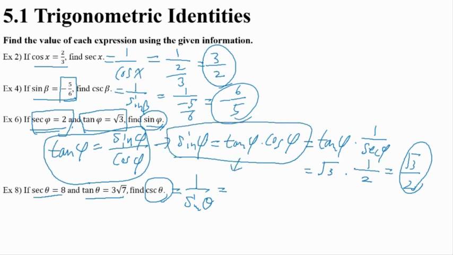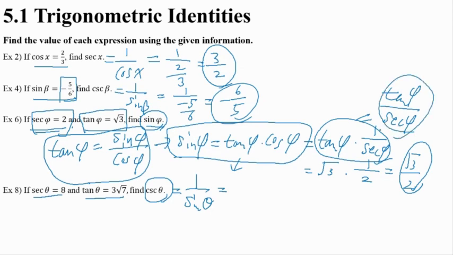So we need to copy from the previous question: sine equals tangent pi over secant pi. So we copy from here. One more time, 1 over tangent theta over secant theta, which means secant theta over tangent theta.